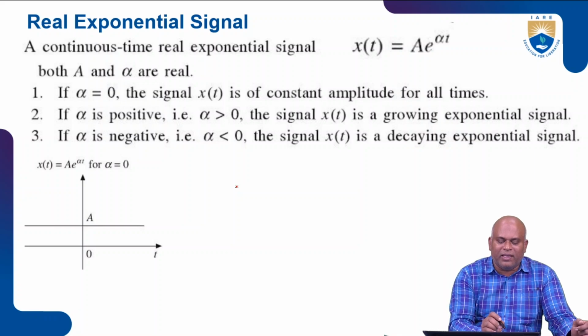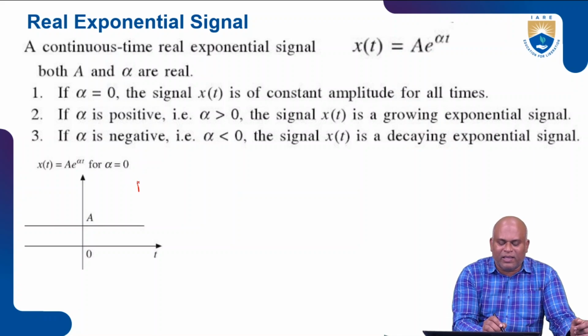First, alpha equal to 0. Then A e power alpha t, where alpha is 0, means e power 0 t is equal to 1.